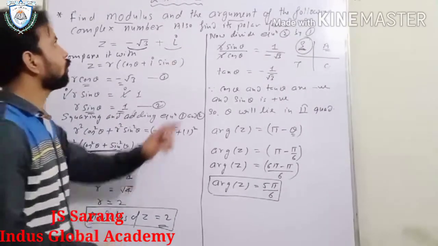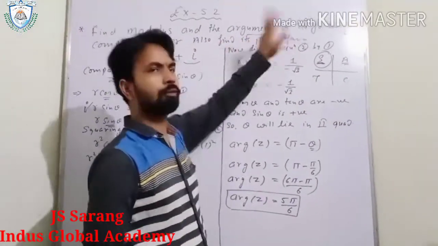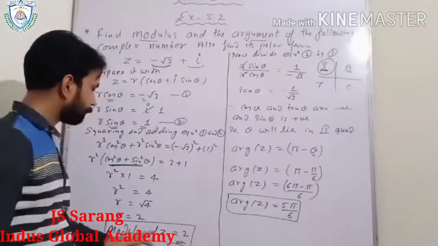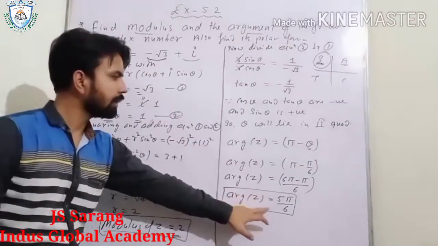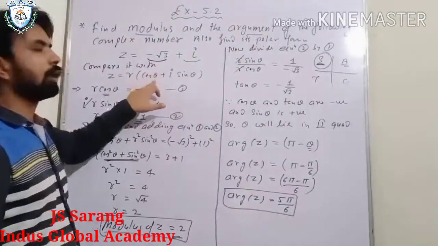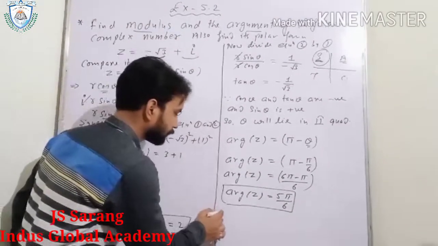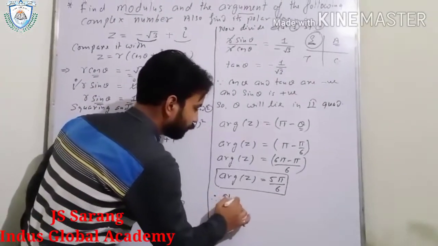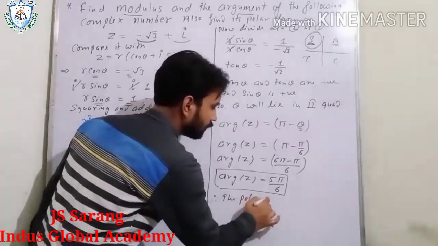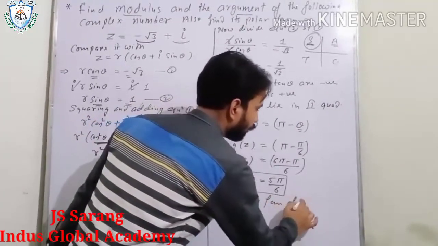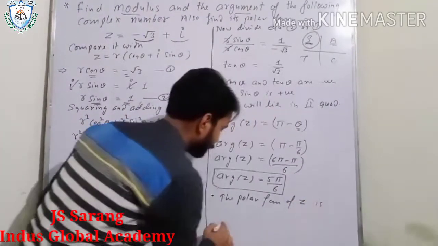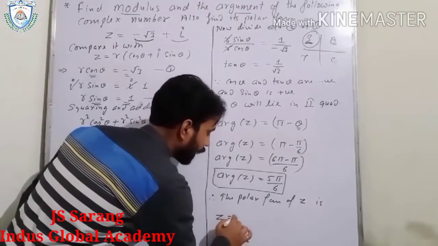Clear? Now the question also says to find its polar form. So now we have to put the value of r and this argument in the given polar form. Hence the polar form of z is z equals r cos theta.